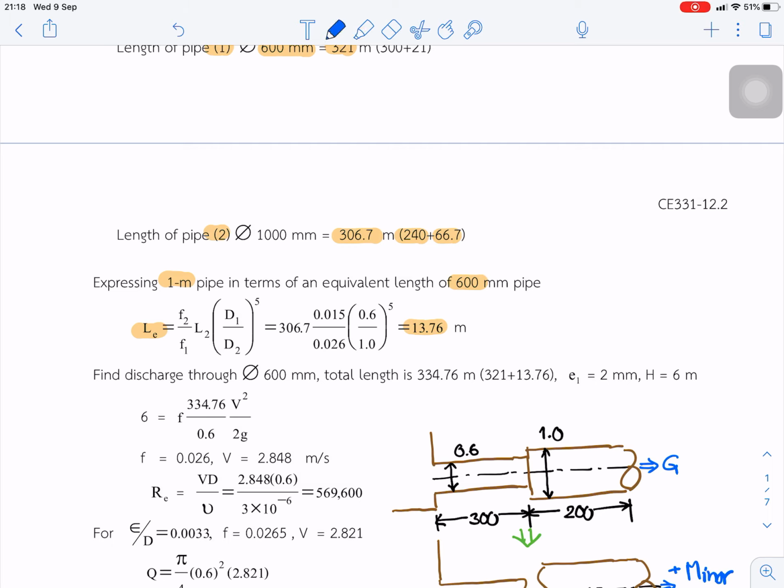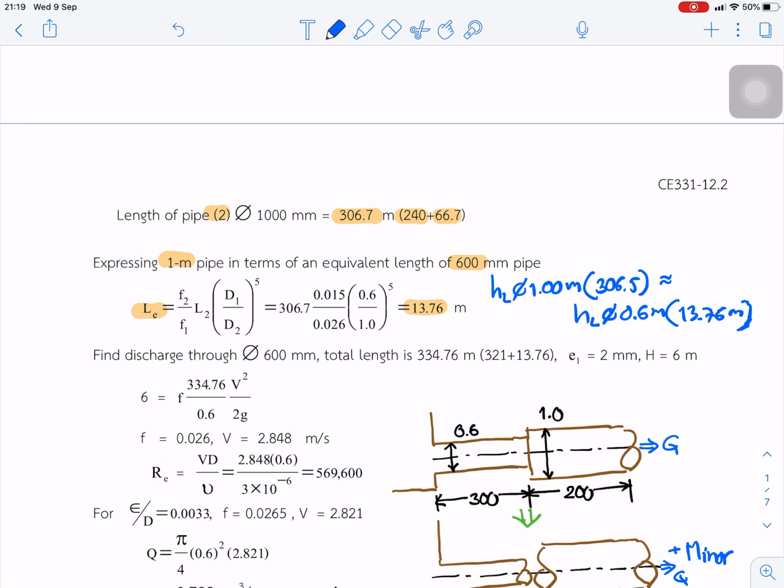So this means the head loss for the pipe of diameter 1 meter is equivalent to the head loss of the pipe of the smaller diameter. The bigger pipe has a longer length, but its head loss is equal to that of the smaller pipe with a shorter length.